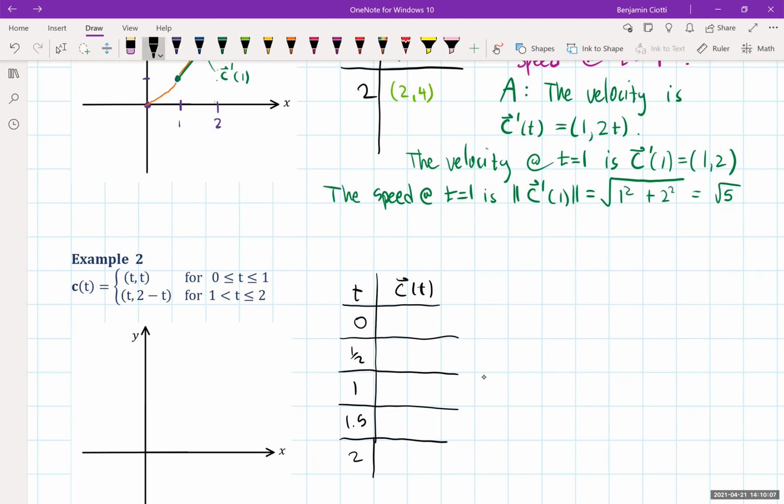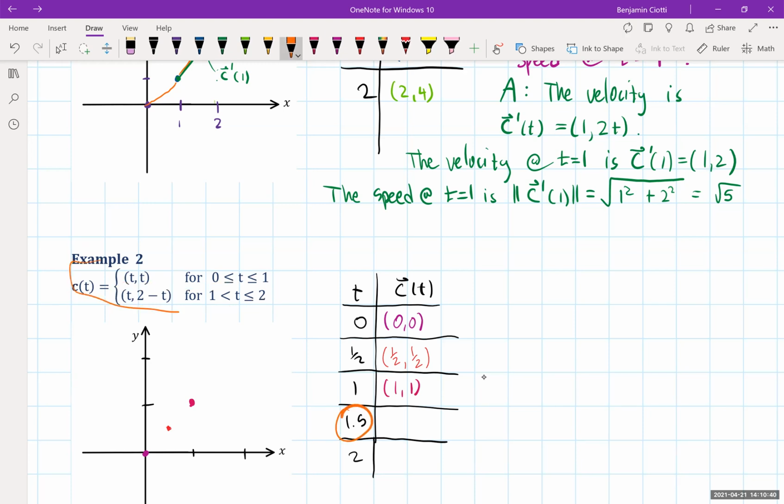I get, let's see, 0, 0. 1/2, 1/2. 1, 1. Let's see, if I plug in 1.5, then I better use the second equation.